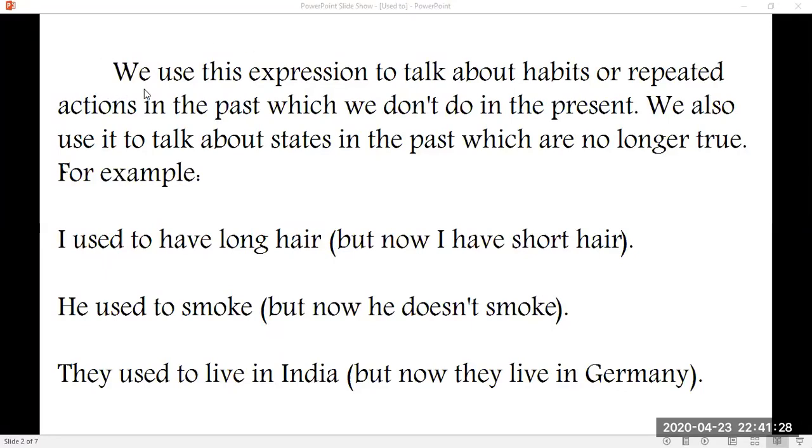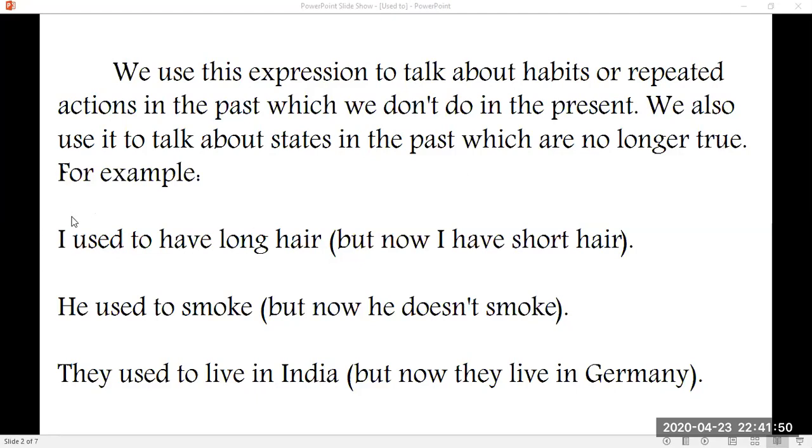Generally, we can say we use this expression, which is used to, to talk about habits or repeated actions in the past, which we don't do in the present anymore. We also use it to talk about states in the past which are no longer true now.